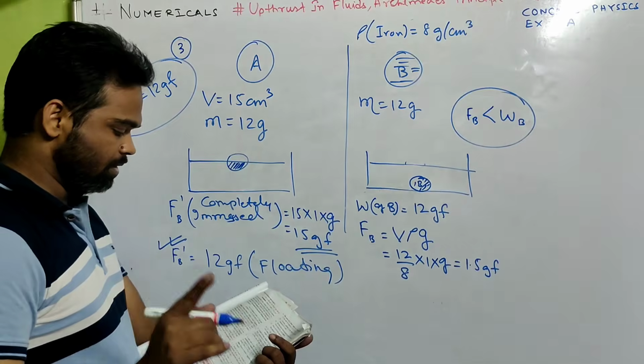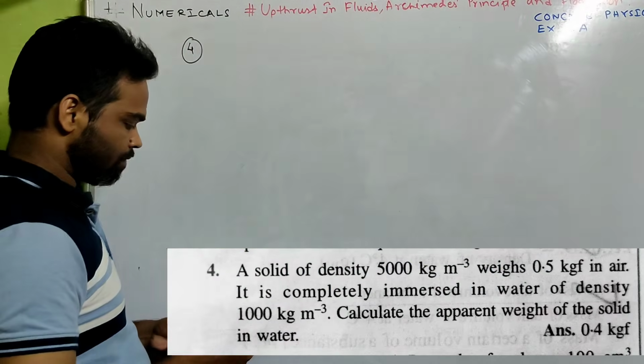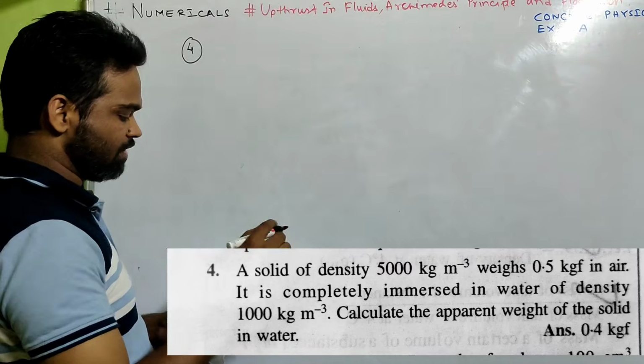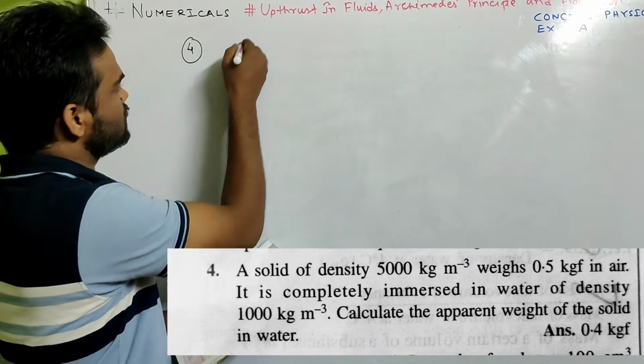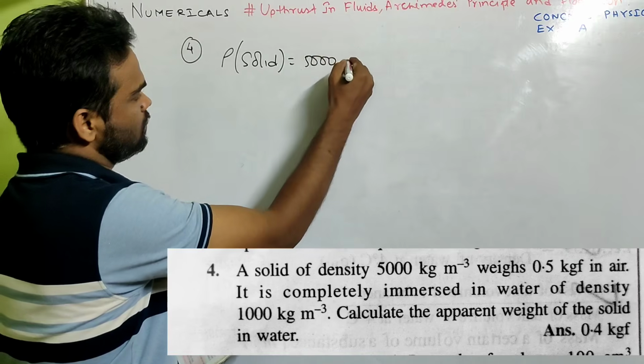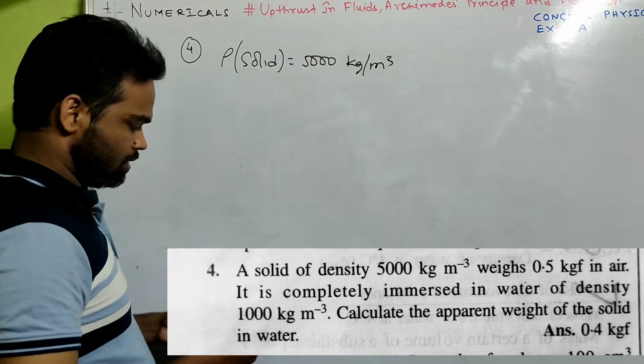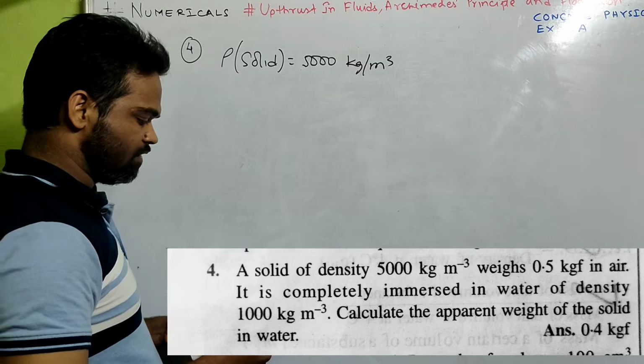Sure. We'll see number 4. Now look at number 4. Very interesting. A solid of density 5000 kg per meter cube weighs 0.5 kgf in air.